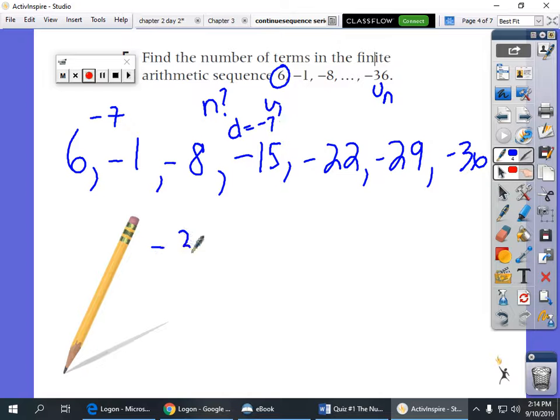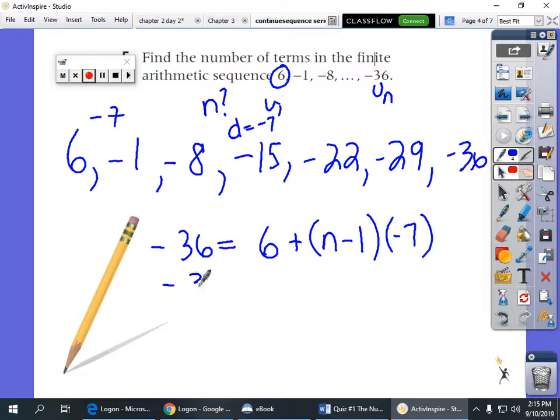So I would do negative 36 equals 6 plus, I don't know my n, and I know that this is times negative 7, right? That formula over and over again. We just keep using it. Negative 36 equals 6 minus 7n plus 7. So this makes 13.